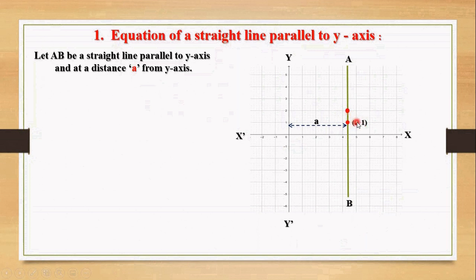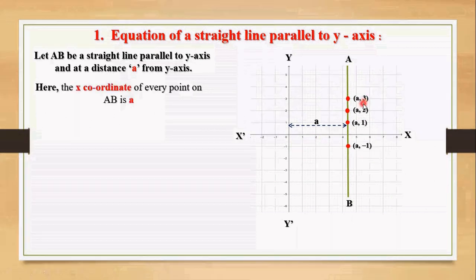Another point here, its coordinate is (a, 2). Horizontal distance from the y-axis is a and vertically it is 2 here. So its coordinate is (a, 2). One more point, its coordinate is (a, 3). Point here in the fourth quadrant, its coordinate is (a, -1).